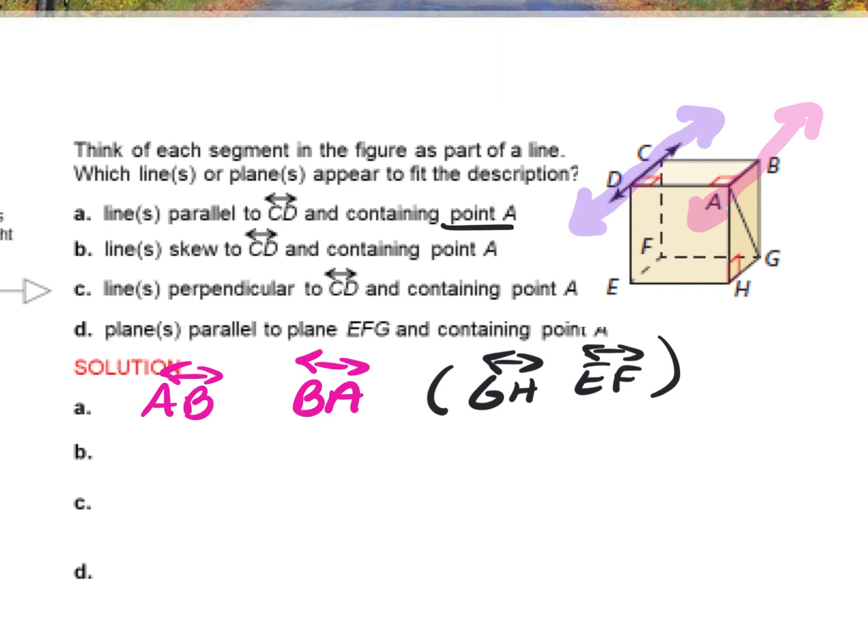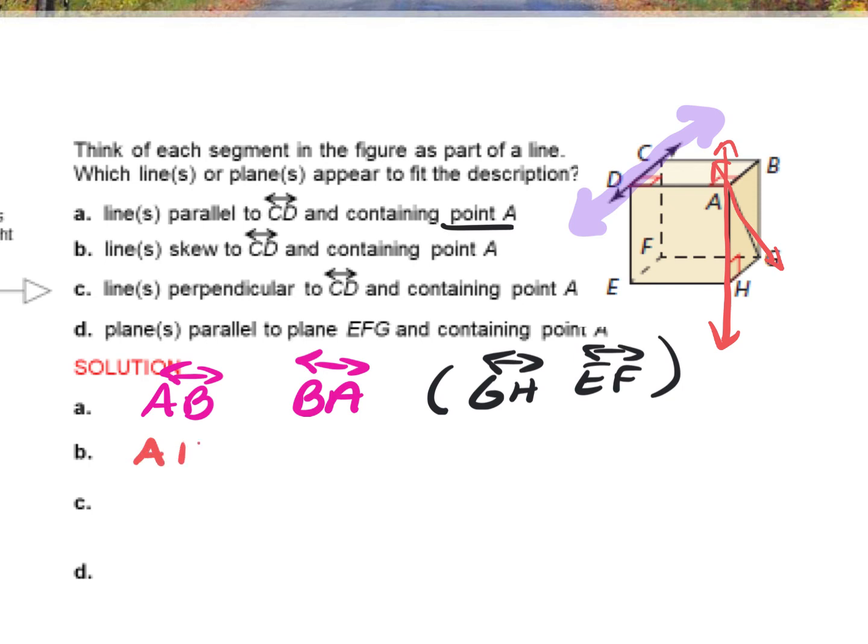All right, then for B, a line skew to CD. So remember, skew is non-intersecting and it's not parallel. Now, because it needs to include point A, there's actually two. We have this skew line AH, and AG would also be skew.